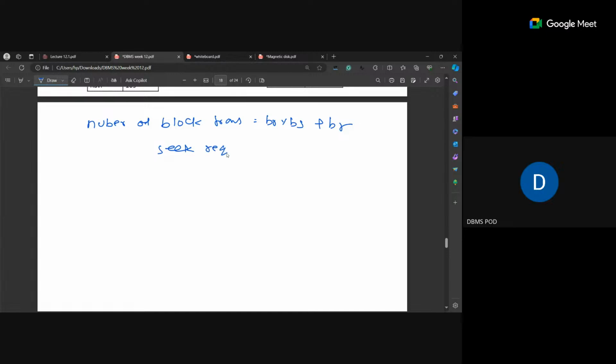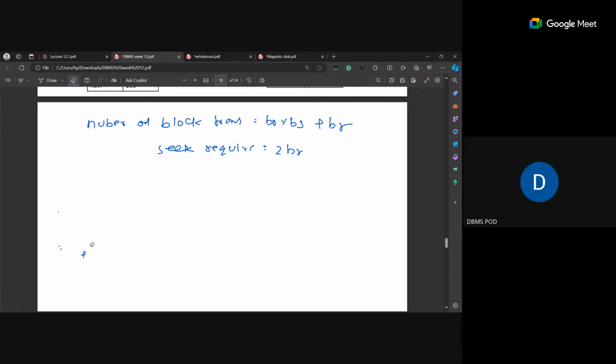If you compare with the nested loop, NR into BS plus BR, right? Each block, that's why it is BR, and NR plus BR. Here we are checking only the number of blocks, so this is also BR, so it equals 2BR.